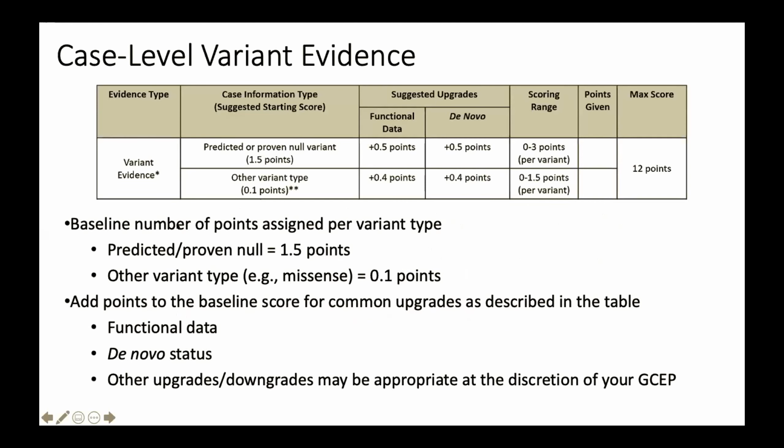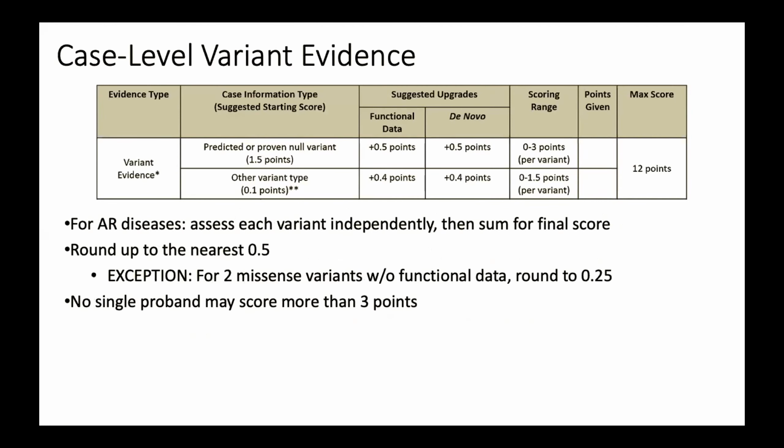So again, baseline numbers would be 1.5. All of our variant types are 0.1 points. And you add additional points to that baseline score for any upgrades, including that functional and de novo, as well as upgrades and downgrades that may be appropriate at the discretion of your GCEP. And you will have that ability, and Matt will be able to show you how that happens in the GCI.